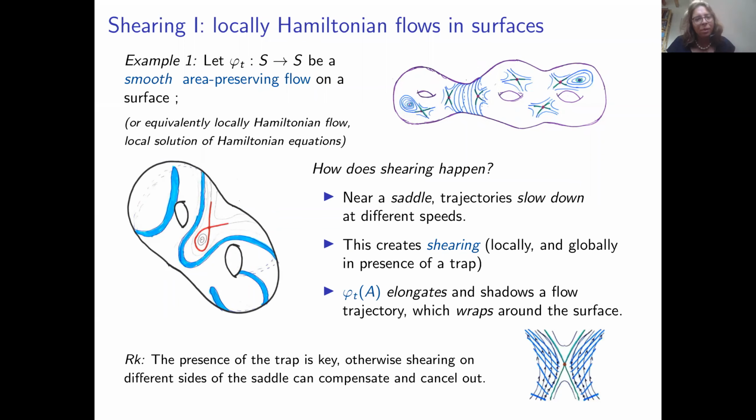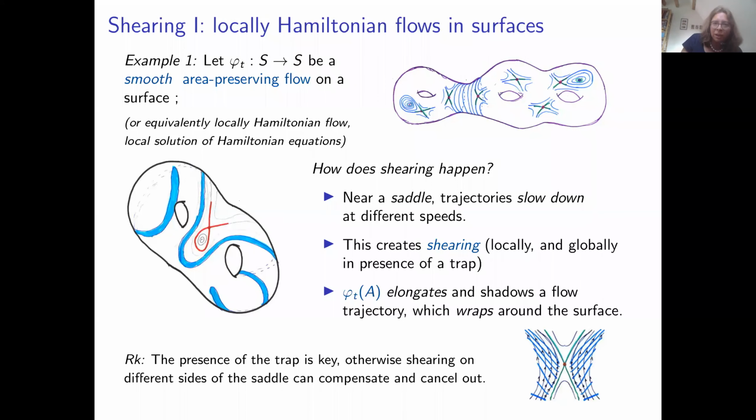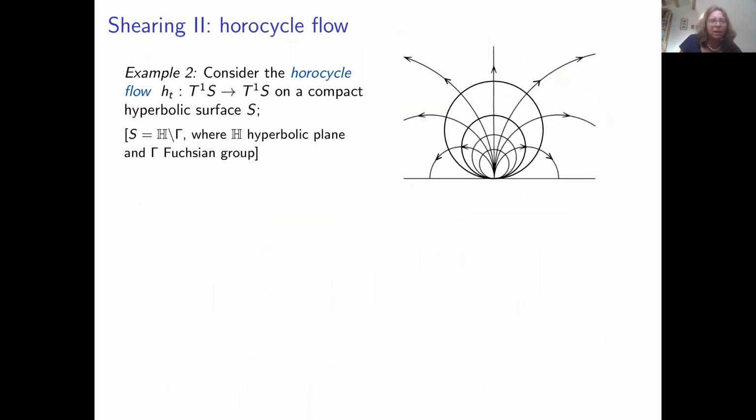I'm hiding that the trap is essential because it creates an asymmetry. If I didn't have the trap, I would actually shear back when I go on the other side of the saddle. But the trap breaks the symmetry and produces global shearing. Okay, so shearing in locally Hamiltonian flows happens like this.